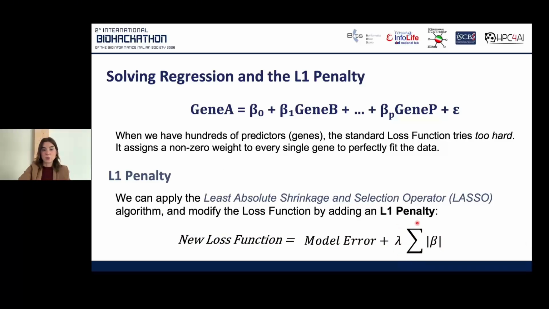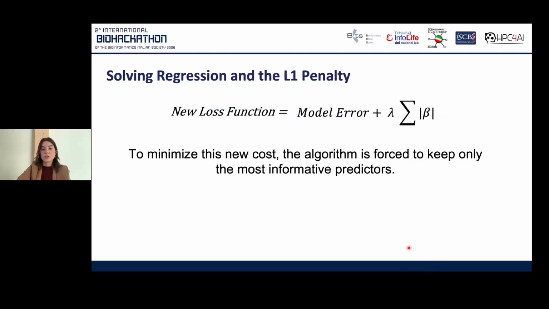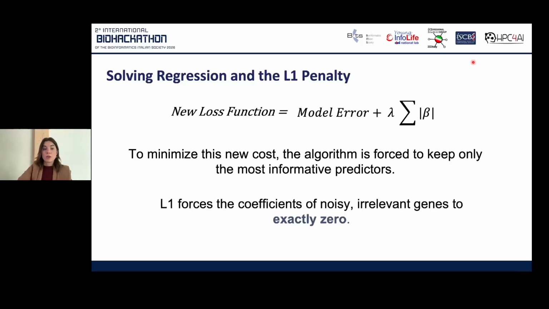And this will be this term. So now, if this is our new loss function, the algorithm must now balance two goals: fitting the data and keeping the sum of the coefficients as small as possible. So this means that L1 forces the coefficients that are noisy to become exactly 0.